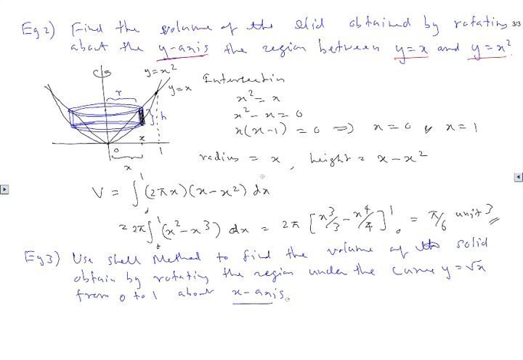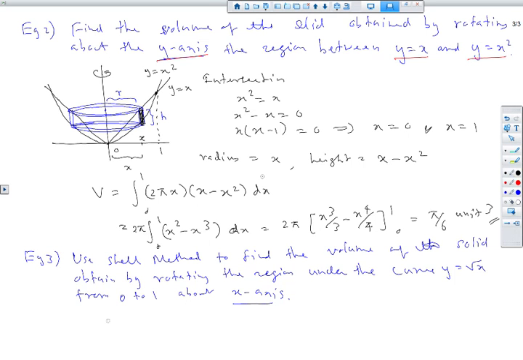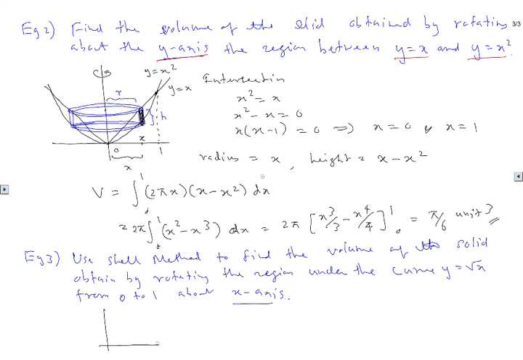So what it is talking about: you have a region under y equals square root x from 0 to 1, rotated about the x-axis. That's what you get. And then what do you do? Remember we have the shell centered at the same axis, so you're going to get a shell like that.